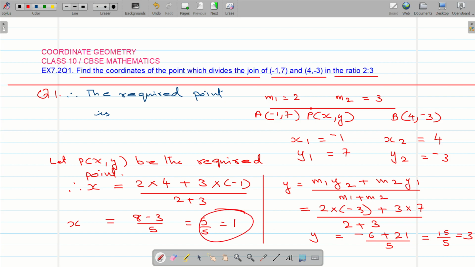X is equal to 1 and y is equal to 3. So the required point is 1 comma 3. That's the answer.